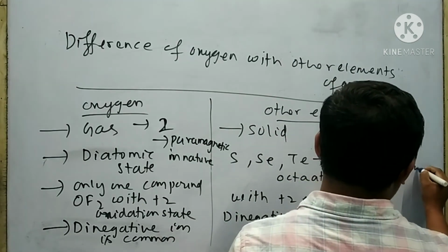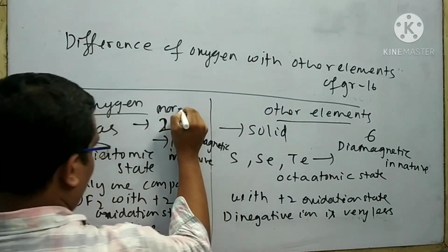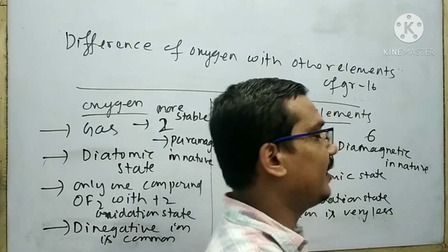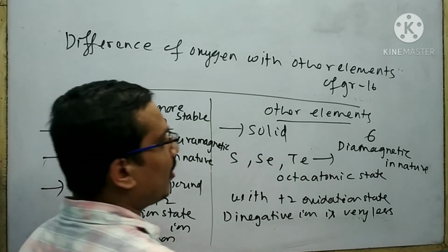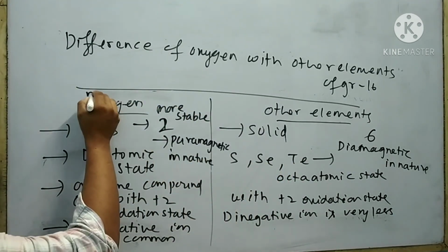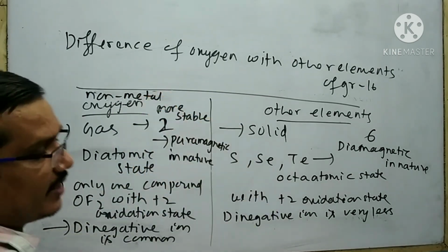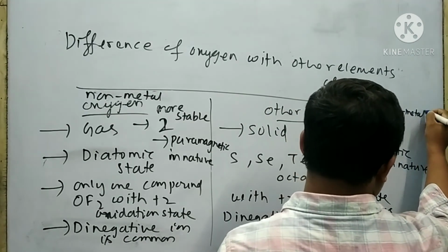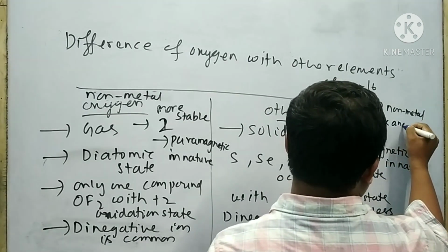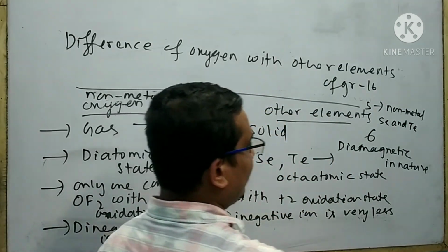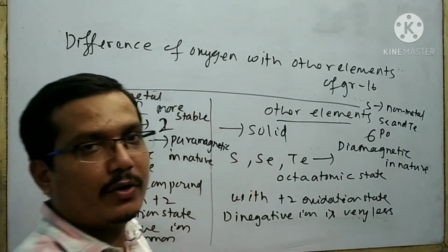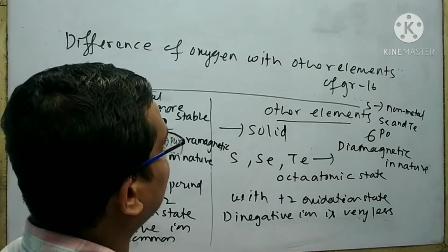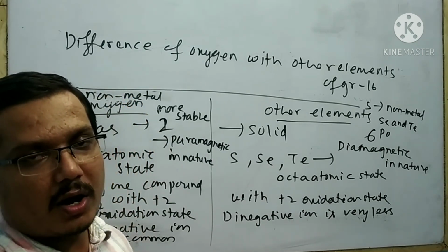Oxygen is more stable, while the stability of other elements is less than that of oxygen. Oxygen is a non-metal, but among the other elements, sulfur is a non-metal, selenium and tellurium are metalloids, and polonium is a radioactive metal. This is all about the differences of oxygen from the other elements of group 16.